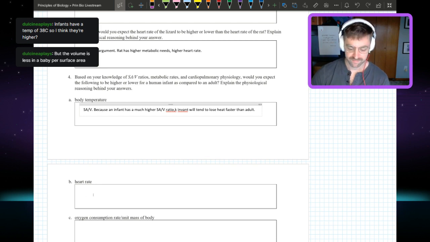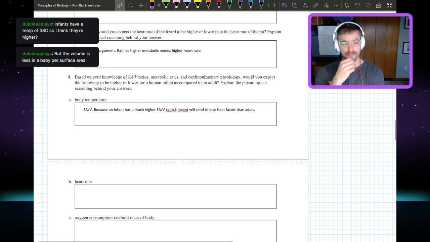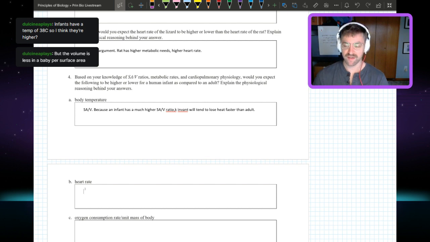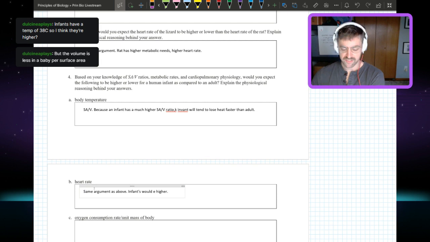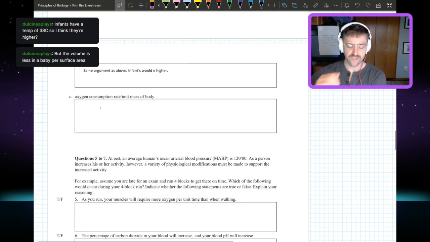How about heart rate? Heart rate tends to be pretty high in infants. And again, it's because of this ratio. Higher energy demands because of that increased surface area to volume ratio. Oxygen consumption rate per unit mass of body.